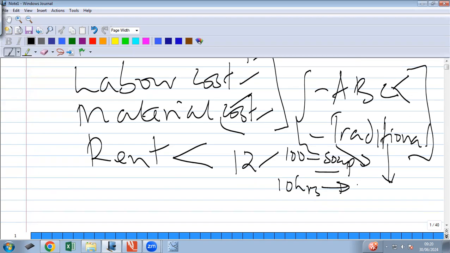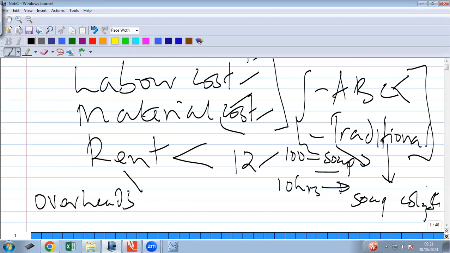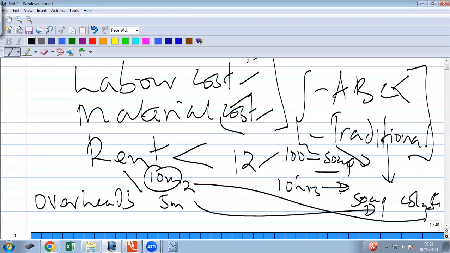Our problem is here, mostly what we call the overheads. It is hard. For example, if you have 2 or 3 products, you're producing soap, plus maybe Colgate. It's hard for you to attach a particular cost and say, if you're incurring 10 million on rent, maybe 5 million is going to soap, and maybe 2 is going to Colgate.